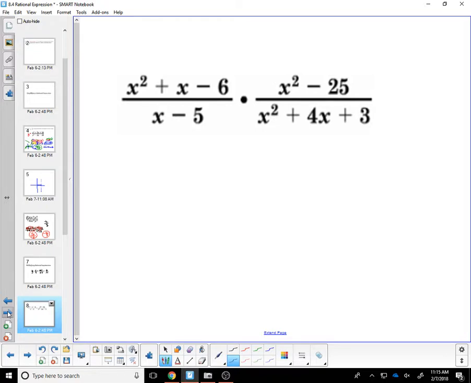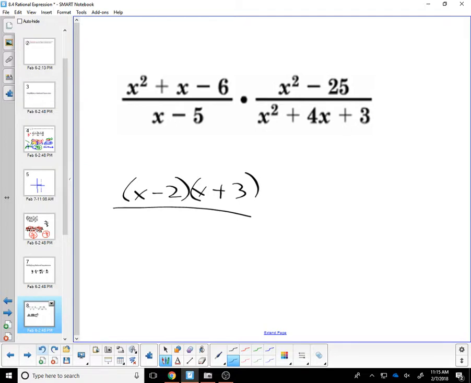If you have a problem with this one, it's probably going to be the factoring. Let me tell you why. Okay? Watch. I'm just going to factor this. I'm just going to show you what I like to do. I start with this one, the numerator. So this becomes 2 and 3.